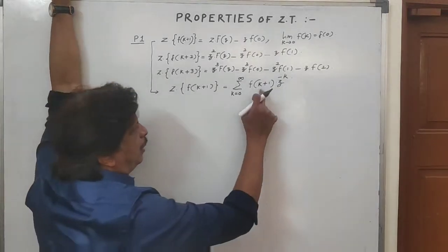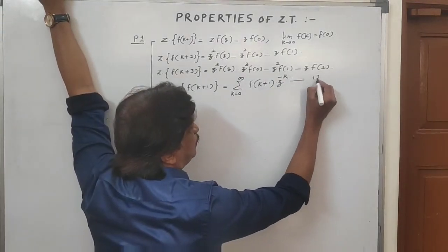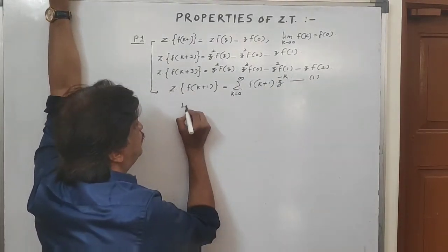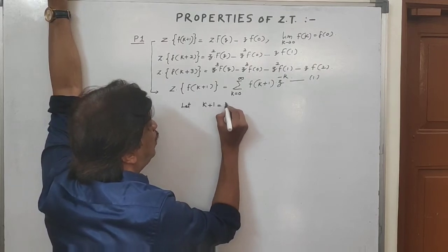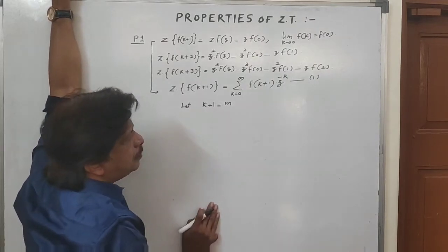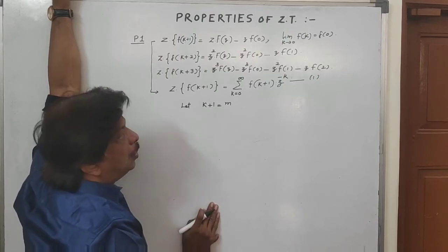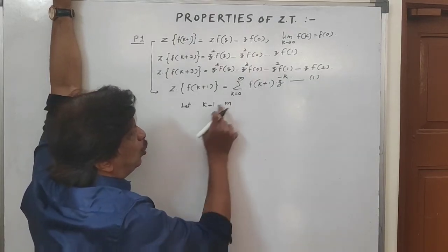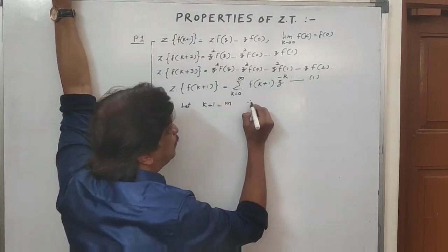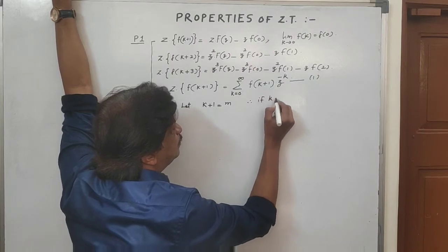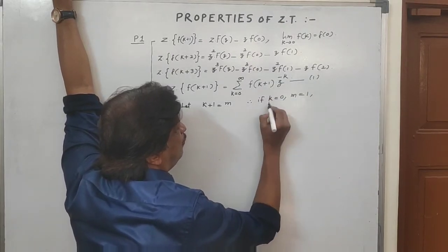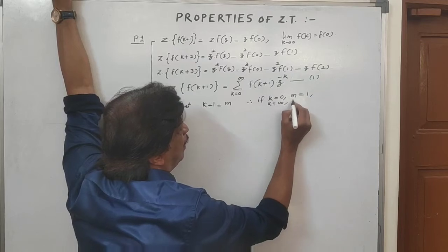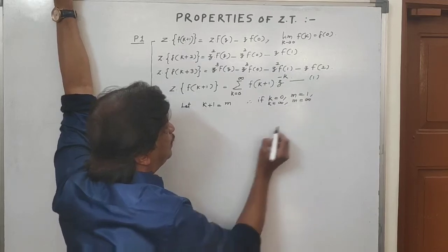Now let k plus 1 be equal to m. So when k is 0, m would be equal to 1, and if k is infinity, m would also be equal to infinity.